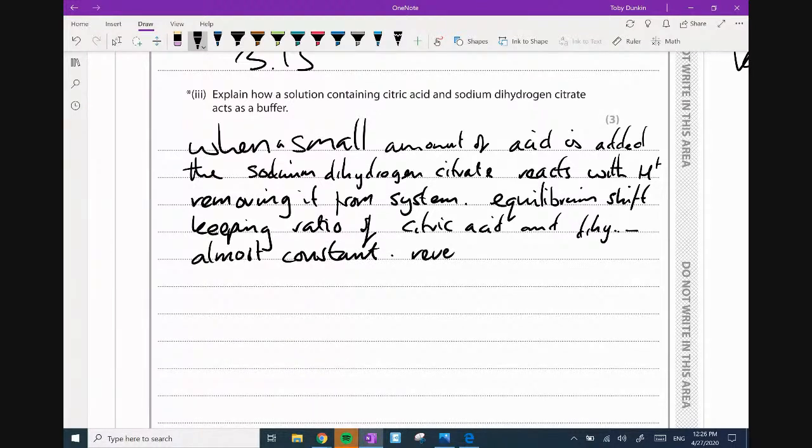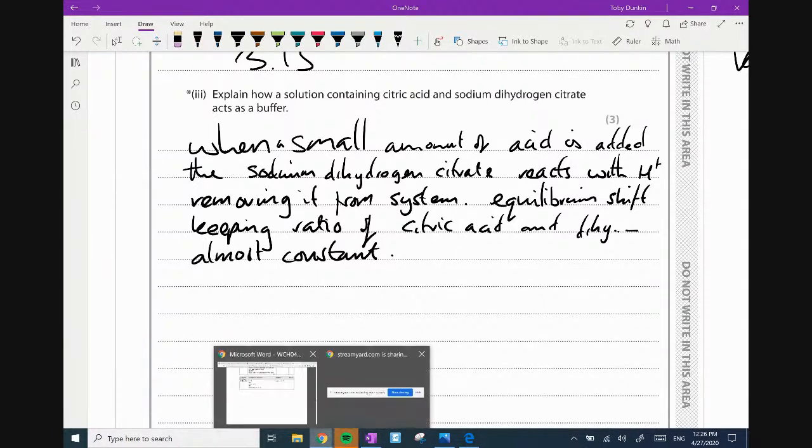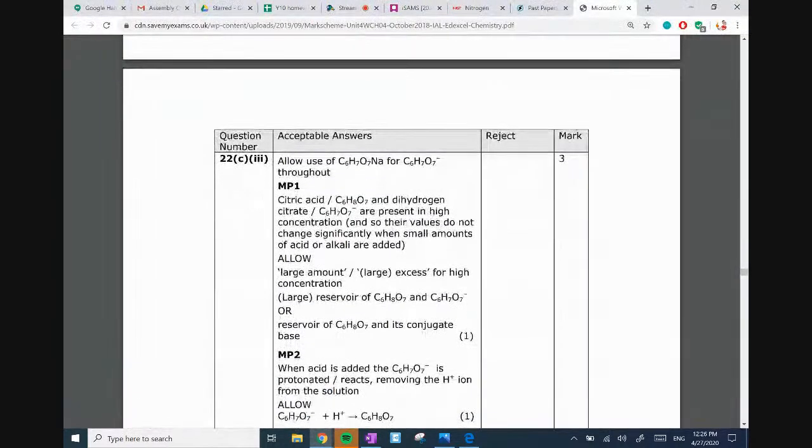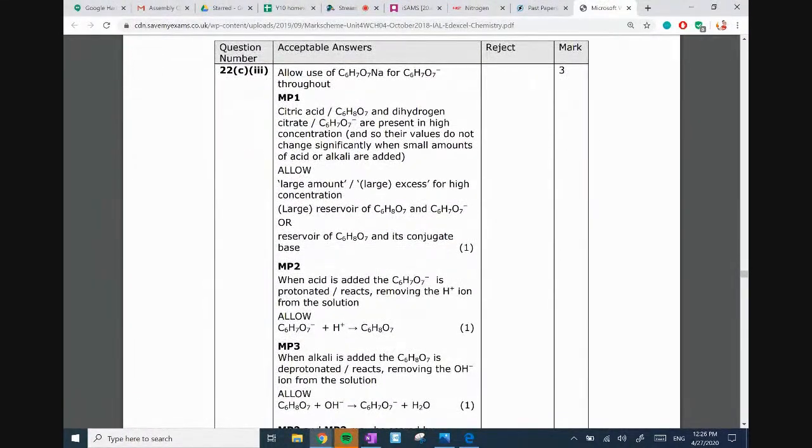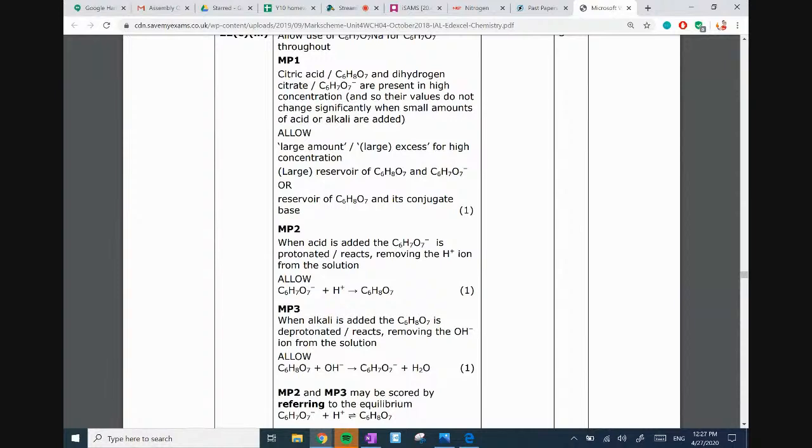Reverse. I don't even want to bother with the reverse process. Are present in high concentrations, so their values do not change significantly on small amounts. Large amounts excess for high concentrations. When acid is added, it is protonated, reacts, removing it from the solution.